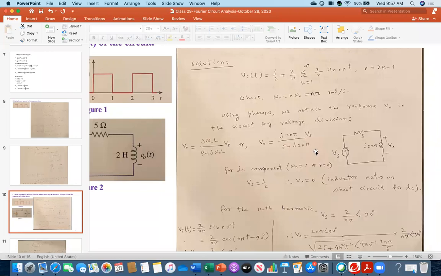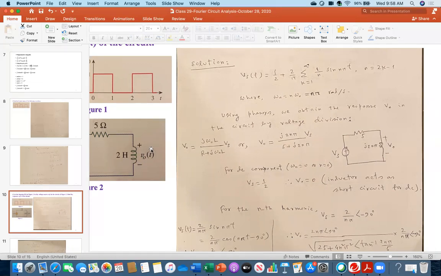Yes. So here, everybody, you have to keep this n, because it is not just the fundamental. You are applying a signal that has the nth component. That is the reason I have written omega n, not just omega naught, because you don't know whether it has only the fundamental or higher order.